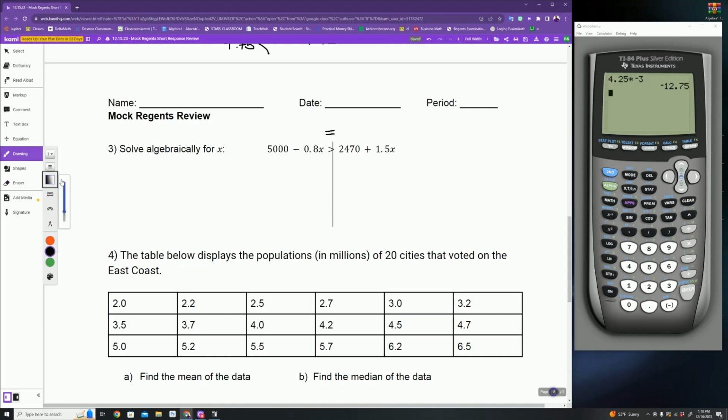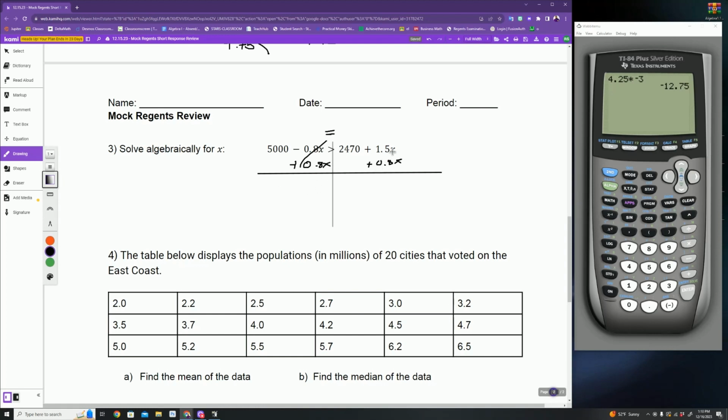And we're going to start doing inverse operations. We want to get all the x's to one side, and all the constants to the other. So I'm going to add 0.8x to both sides, so I can get all the x's together. What you do to one side, you must do to the other. 1.5 and 0.8 cancel out on this side.